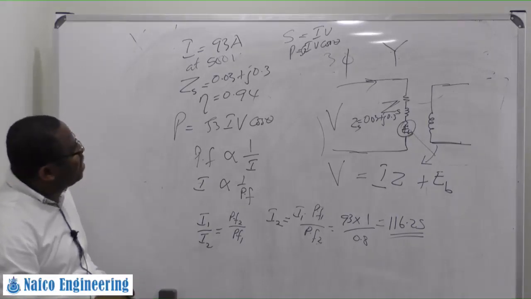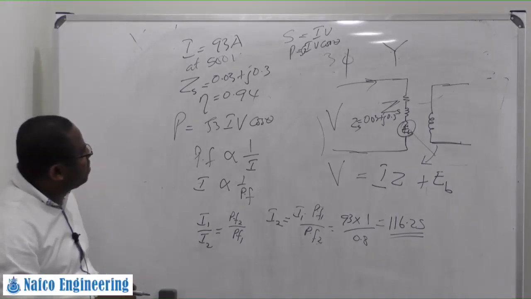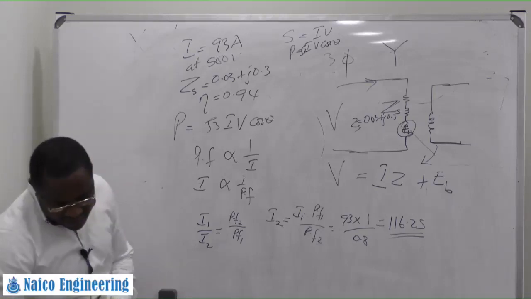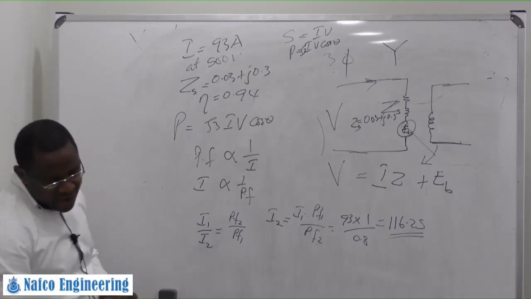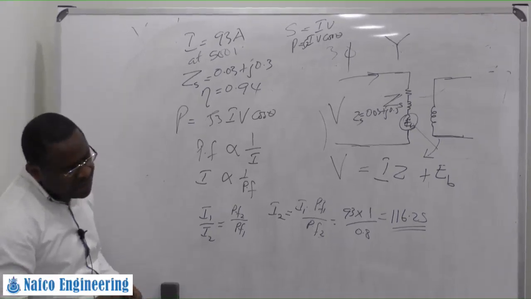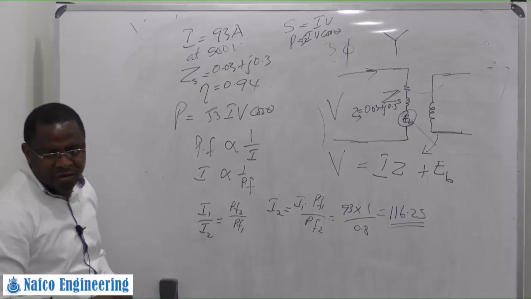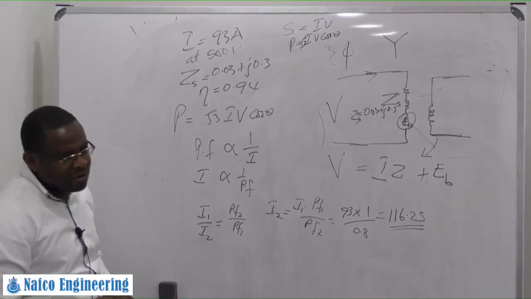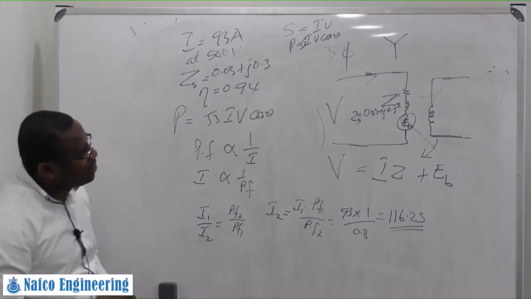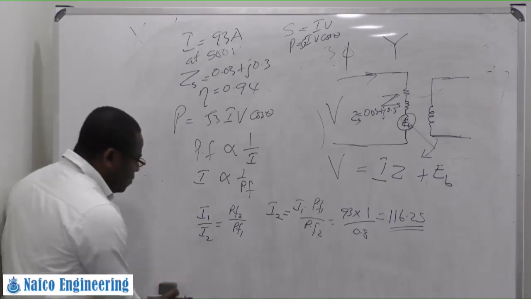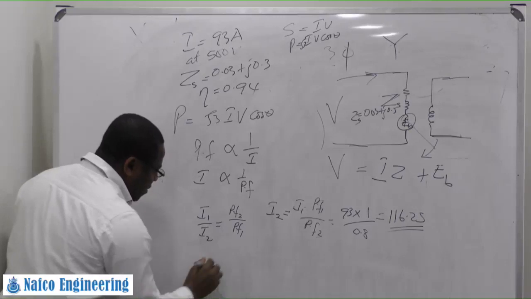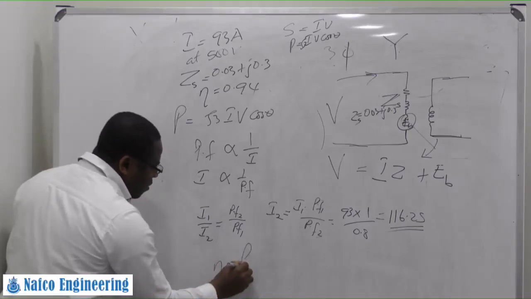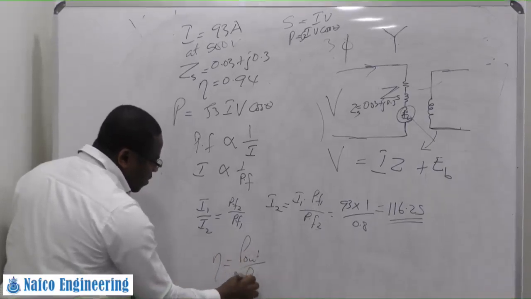We have the current in as 93 amps, and we are given the efficiency, assuming efficiency of 94. Can we get power developed? Efficiency is power out over power in. Efficiency is P out by P in.